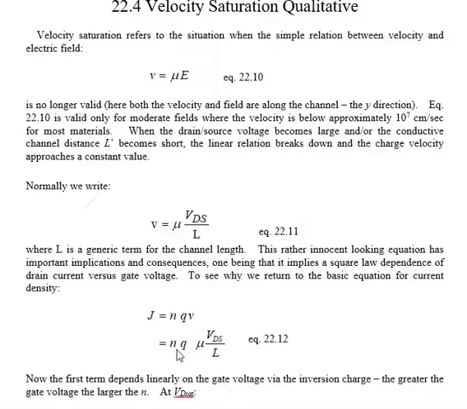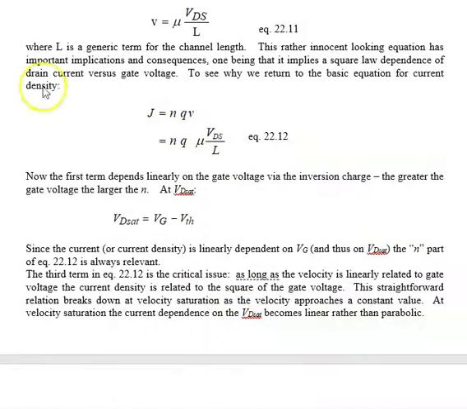The higher the gate voltage, the higher the charge density in the channel. It is this guy which saturates, and this is no longer VDS over L in the equation for current density.